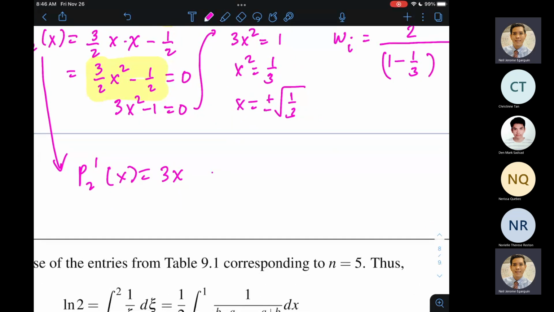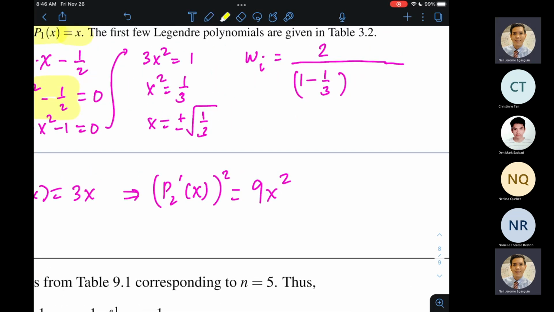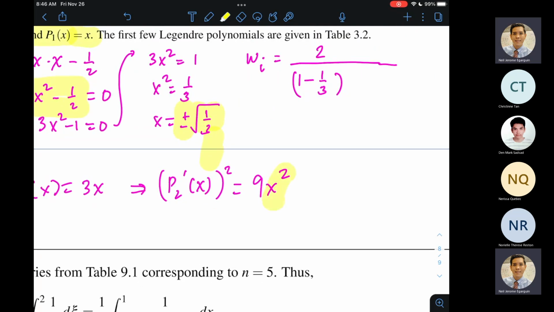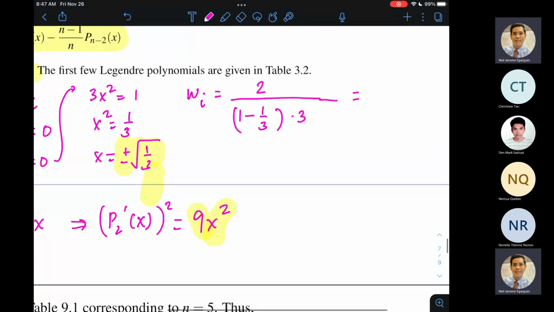So that means I'll have P2 prime of x squared would be equal to 9x squared. If I plug in the abscissas, I'll get 1/3 here, 1/3 times 9, so that's going to be times 3. Okay. And then we'll simplify this.